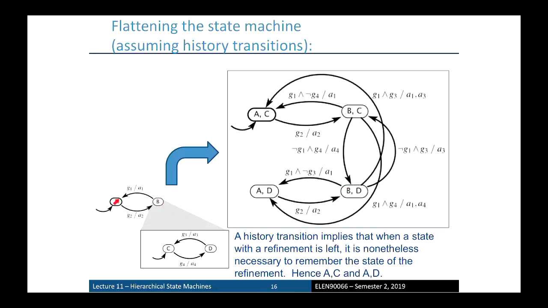If G1 happens, but we don't have a transition inside the refinement, we go back to AD, remembering that if we get G2 again, we're going back to BD. We're not going back to AC this way, okay? Without the history transition, anytime we enter the refinement here, we always go to C. It's only a 2-state state machine, so it's not as clear as if we had a lot more states in here.